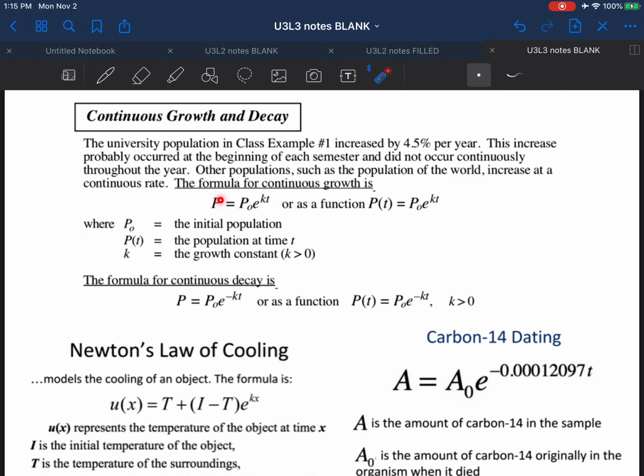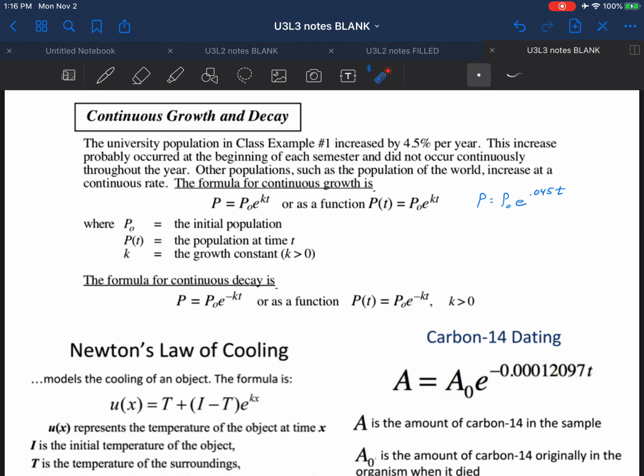The new population is equal to the original population, the initial, times e to the constant growth rate, which in this case was 4.5%, 0.045 as a decimal, times time, right? So we could model this scenario as P, the current population, is equal to P sub 0, the initial population, times e to the 0.045t, where t is time in years.